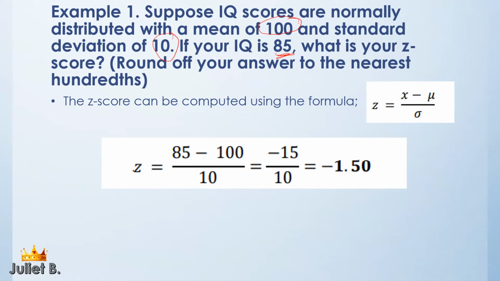So, supplying all the given to the formula, we'll have 85 minus 100 divided by 10, which will be negative 15 divided by 10. It will give us negative 1.50. Z is equal to negative 1.50.